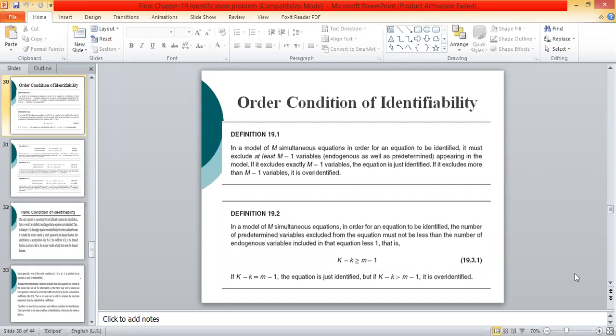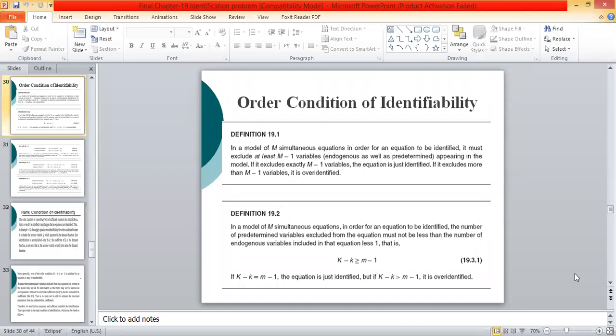So these are two definitions made in different but equivalent ways, because the outcome under these two definitions will be the same. To understand this definition, we can look at a number of examples to explain the application of order conditions to examine identification.